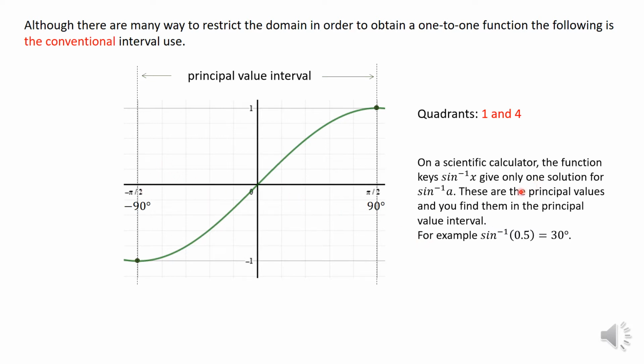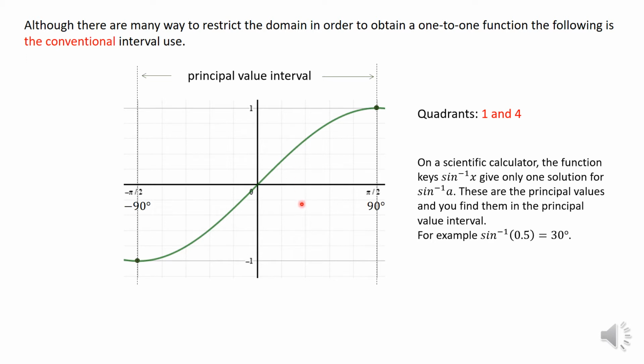Remember, if you punch on your calculator, for example the inverse sine of x or arcsine, it only gives you one solution. For example, the arcsine of 0.5 is 30 degrees. 0.5 is a line that goes somewhere around here, and that angle will be about 30 degrees.